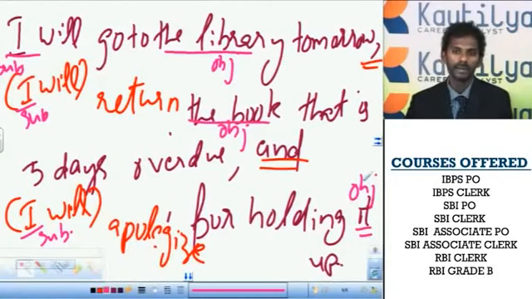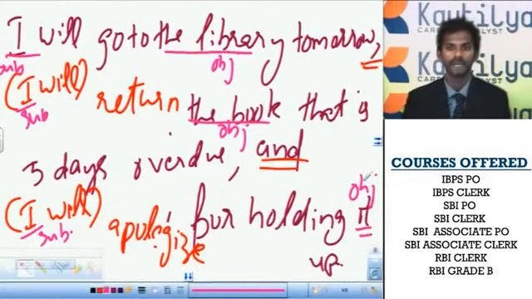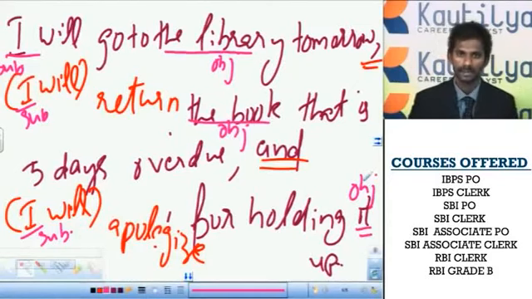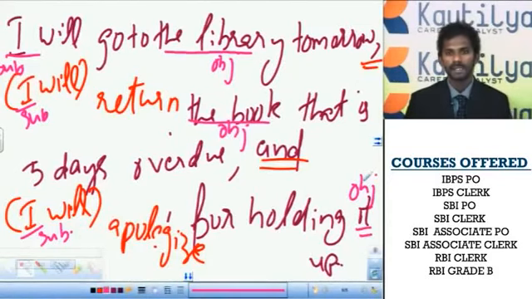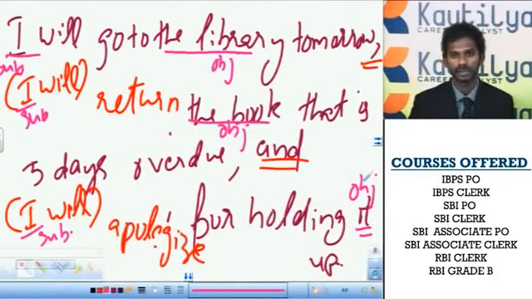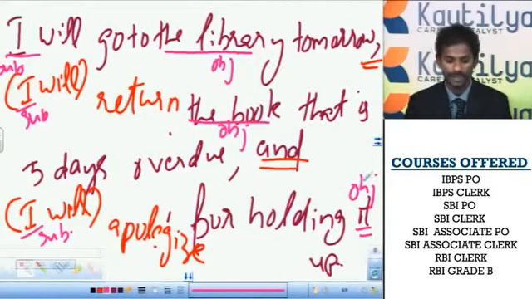Now we have only one more concept left, that is voice. Clear? I told you if one idea is in the active voice, all the other ideas must also be in the active voice. Similarly, if one idea is in the passive voice, all the other ideas must also be in the passive voice. Clear? Come to the first idea now. I will go to the library tomorrow. Write down the order of this idea.